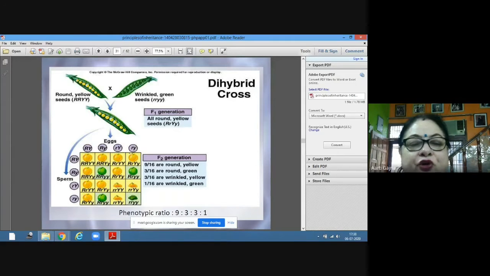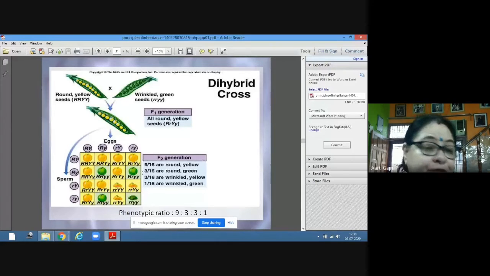These are the 4 gametes which can be formed. These 4 gametes are from the female plant, the female gamete, eggs, and these 4 gametes are from the male plant, the male gamete, sperm. Clear? These are the male gametes, that is the pollen, and these are the eggs.